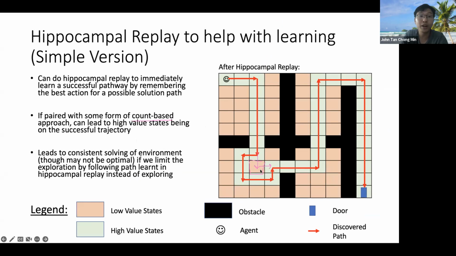So it will prioritize states that have a higher move count. So you can improve a little bit with hippocampal replay. But I'm not going to go through too much on this. If you are interested, you can look at the previous YouTube videos I posted on this. But I don't think this is the right approach now, and I'd like to emphasize more what I think is the correct approach for this hippocampal replay.